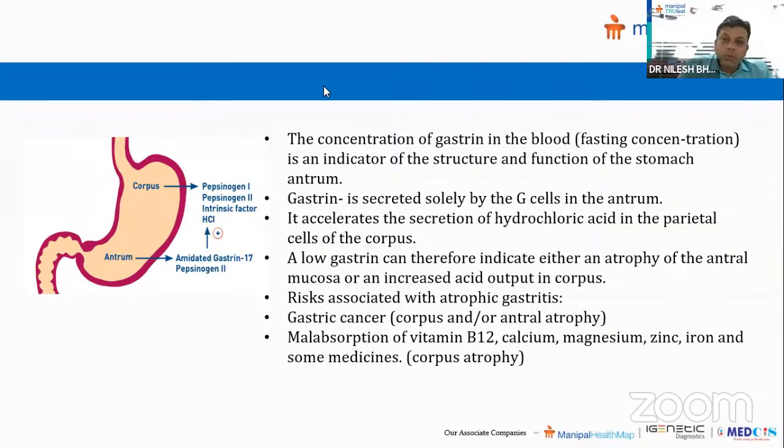So we can screen for atrophic gastritis by doing these tests from a blood sample. Screening is very important in atrophic gastritis, because it is a risk factor for gastric carcinoma, and it also leads to malabsorption of various vitamins like vitamin B12 and minerals like calcium, magnesium, zinc. So we can avoid this condition by screening for atrophic gastritis.